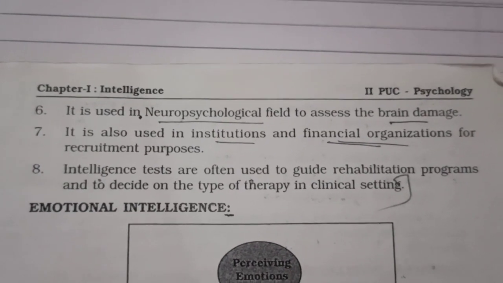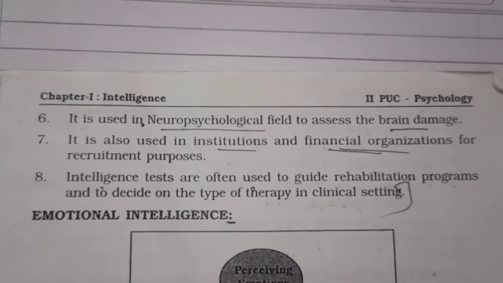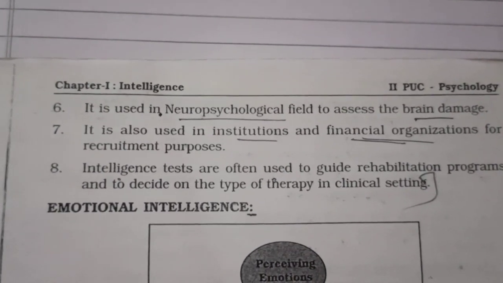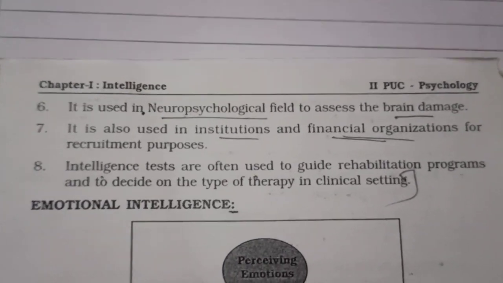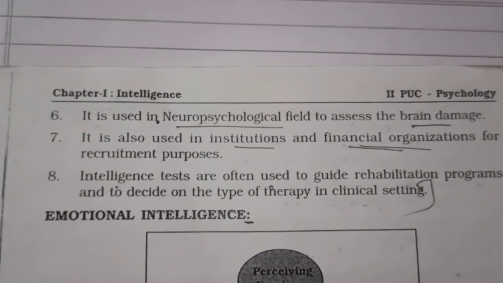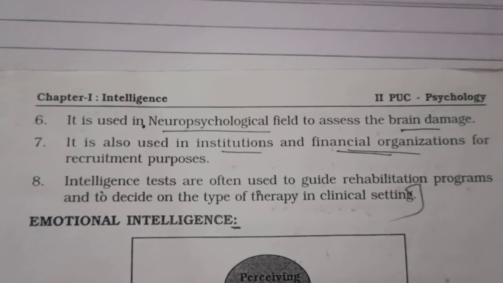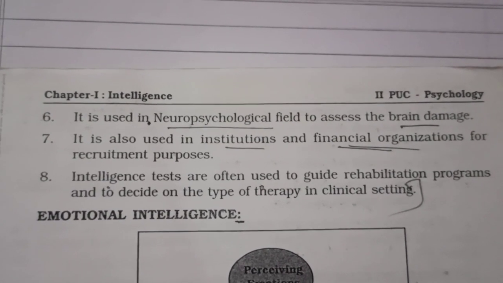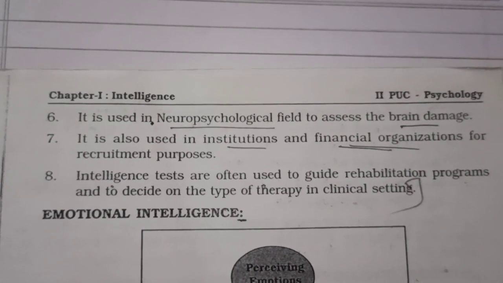Intelligence tests are used even in the medical field to know about brain damage. Neuropsychological is related to the brain. So to check whether there is damage in the brain, an intelligence test is used.